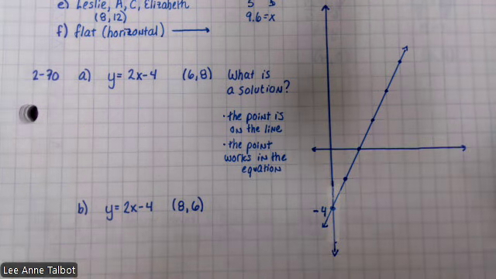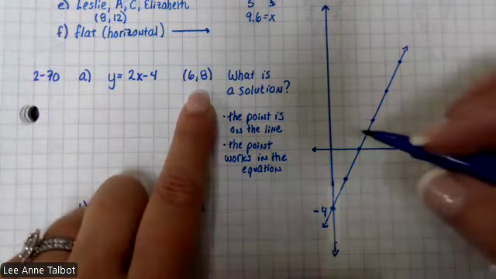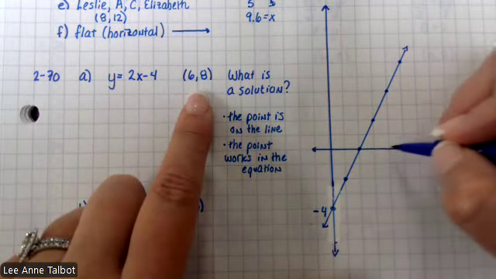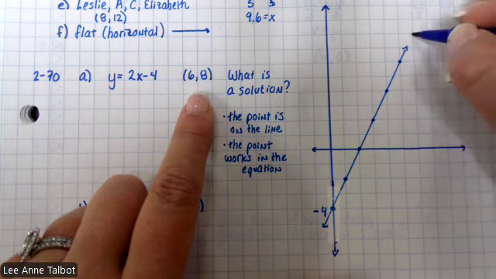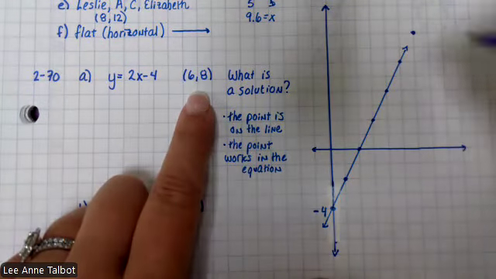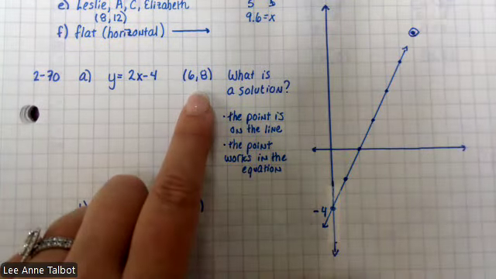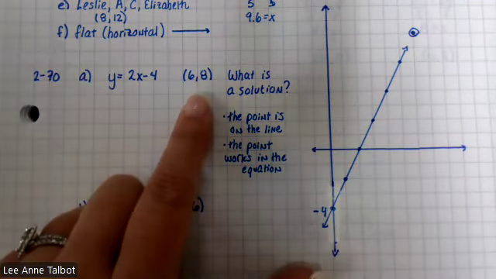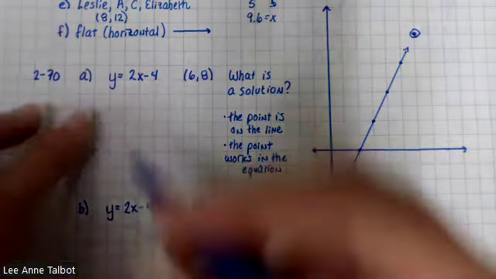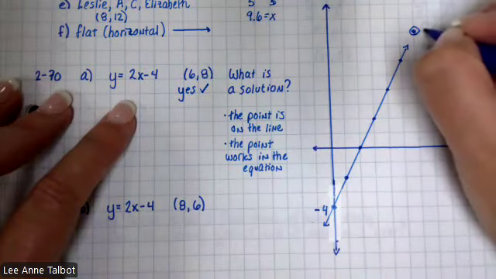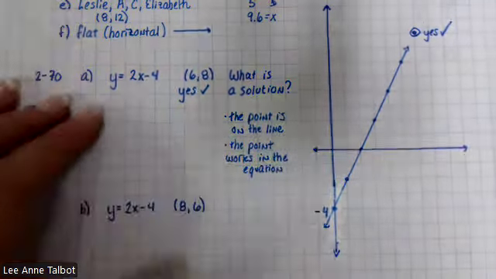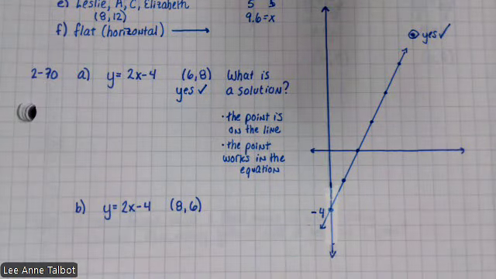Okay, now let's just use common sense. Is 6, 8 on the line? If I kept the line going, would it be on the line? Yes. Okay, so yes, it's on the line.